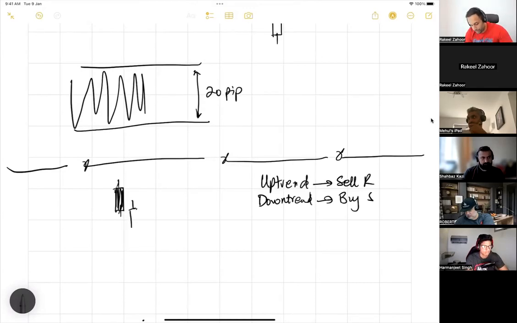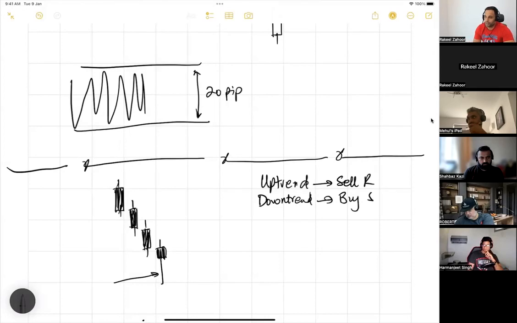So let's say we have an uptrend and price is moving bearish at this point, and price is moving bearish here once more. And then you have another bearish candle with a big wick to the downside. When you have a big wick to the downside, this is an exhaustion candle.